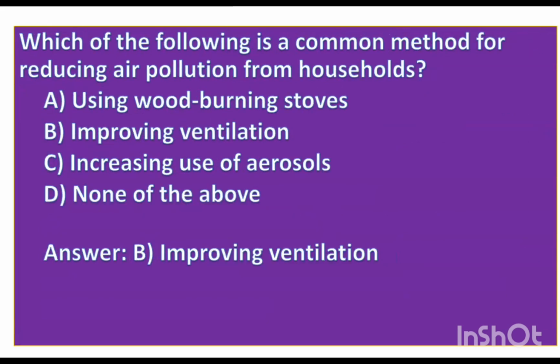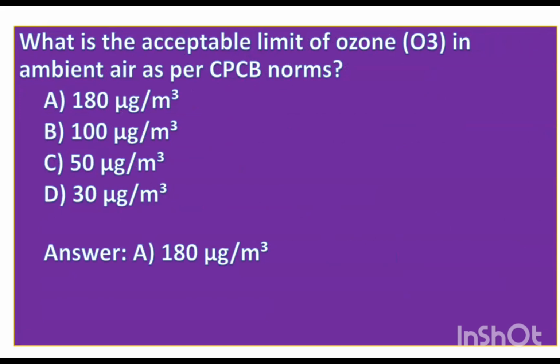Which of the following is a common method for reducing air pollution from households? Options: using wood burning stoves, improving ventilation, increasing use of aerosols, none of the above. Answer: improving ventilation. What is the acceptable limit of ozone in ambient air as per CPCB norms?